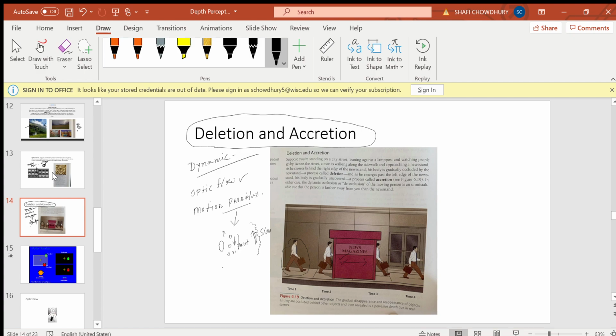Very important cue. For optic flow, to create strong depth perception, you definitely need a large visual field, right? In a small visual field, in a small aperture, you won't feel any motion even if you create the optic flow in a small circle in front of you.